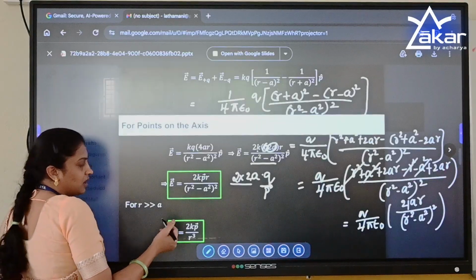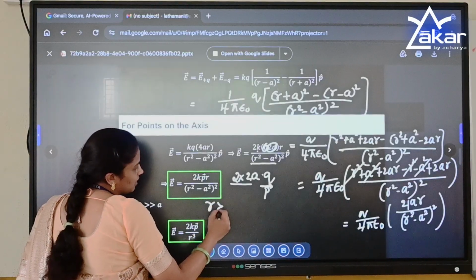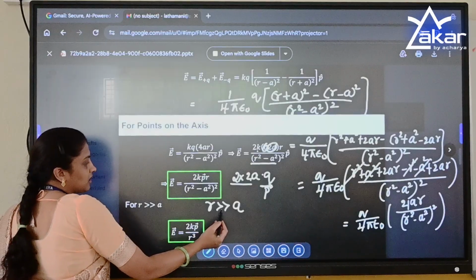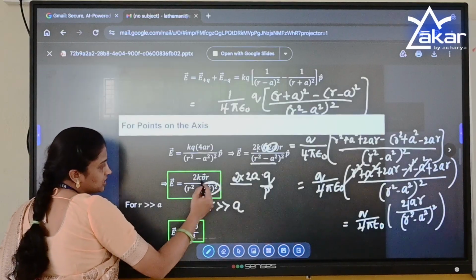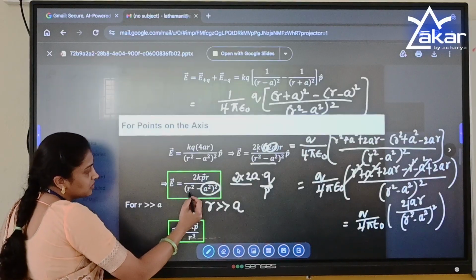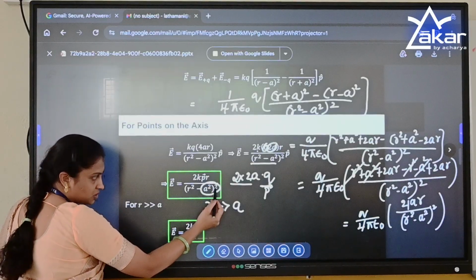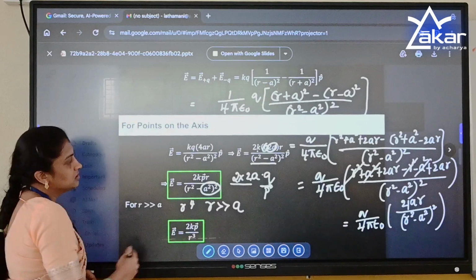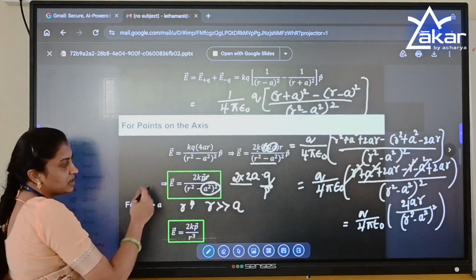Yes, here we know that the distance r is greater than a. So if r is greater than a, we have to neglect this a term. If you neglect this term, you will get r square whole square, which means r power 4. Then one r will get cancelled.